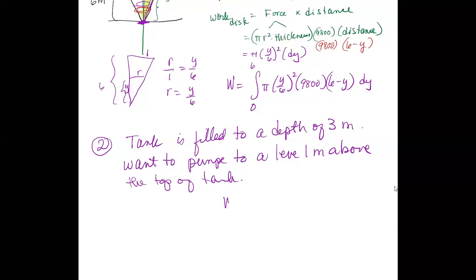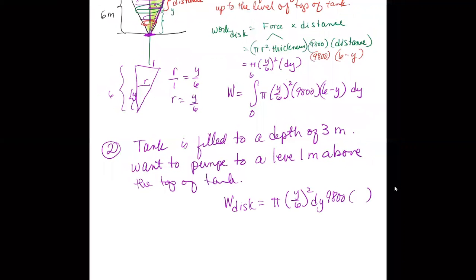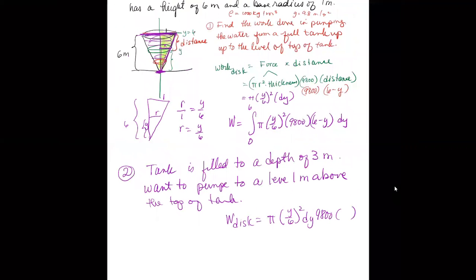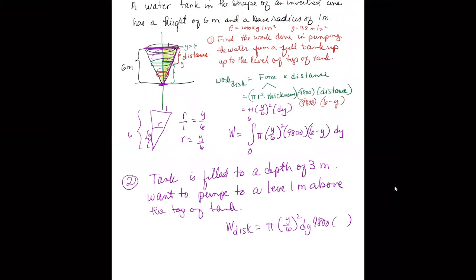Well, we still have the work to lift one little disc is pi r squared, because the discs aren't changing, times the thickness, times density and gravity, times the distance. Now, in this particular case, if we are pumping all of our water out to a point that is 1 meter above the top of the tank, what is that level?